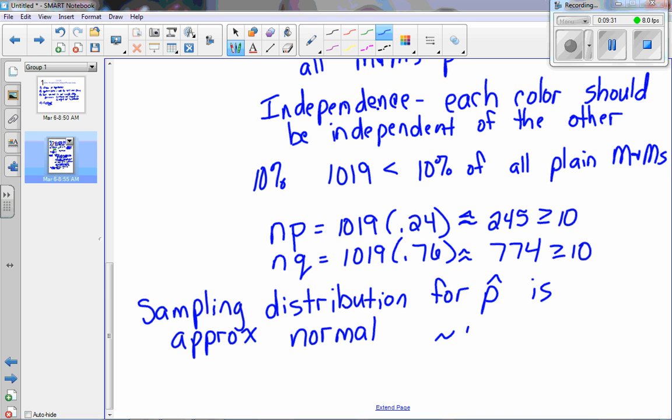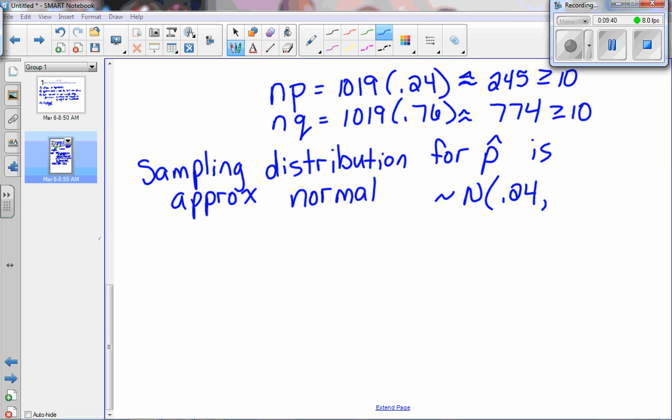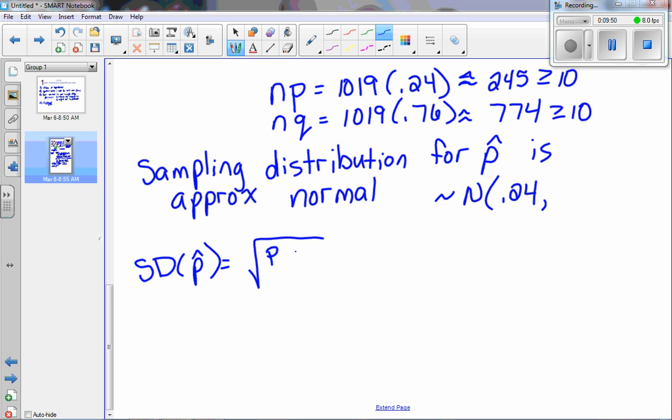So we have approximately normal with a mean of 0.24 and a standard deviation. So we're going to have to calculate the standard deviation. We're going to call this standard deviation instead of standard error, because now we're using p, q, and of course n, since we're using the 0.24.